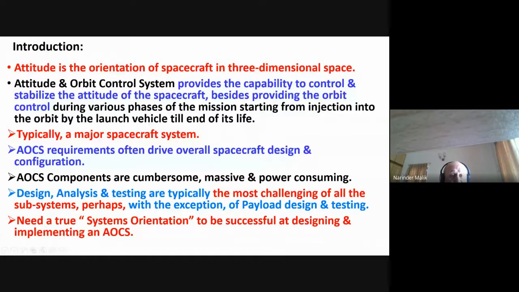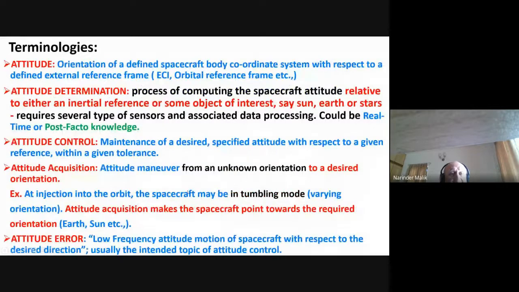It needs a true system orientation to be successful at designing and implementing an AOCS. What are the terminologies? Common terminologies used in AOCS systems are attitude, which is the orientation of a defined spacecraft body coordinate system.